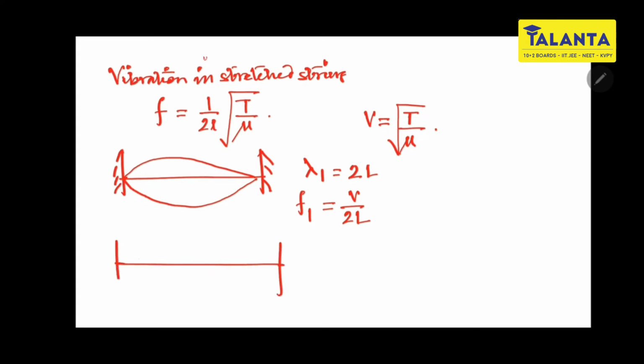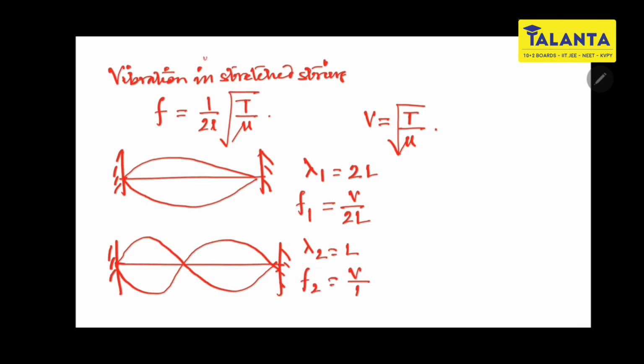Now, in the next case, this is the second mode. Here lambda 2 equals L and frequency equals V by L, that equals 2F1. This is the second harmonic or first overtone.